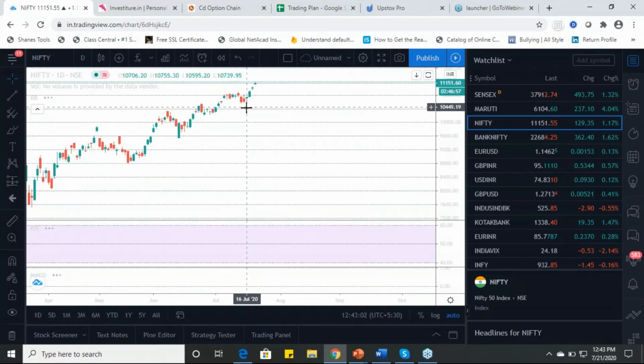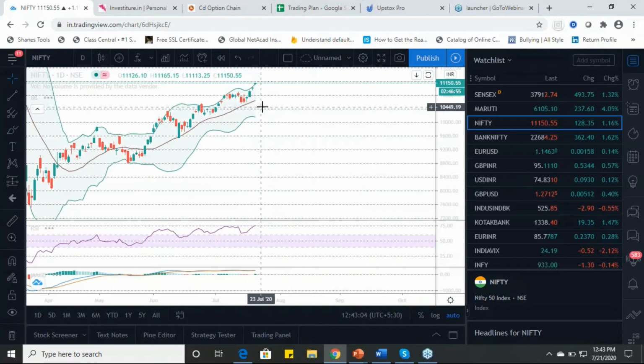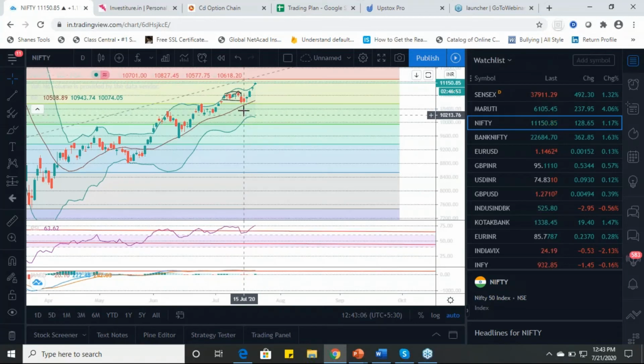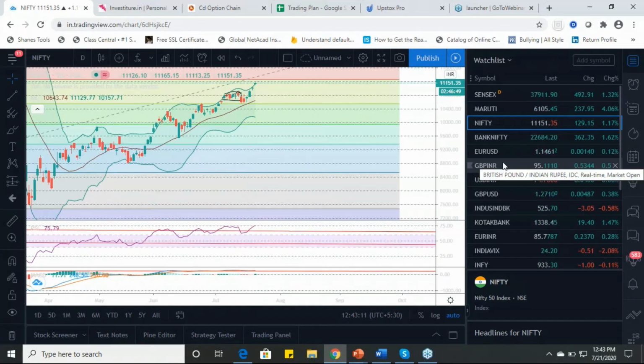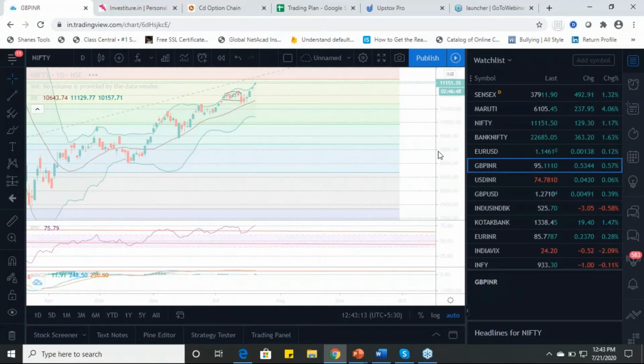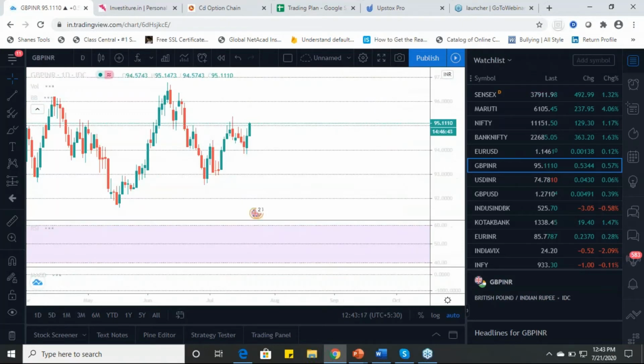So these are the things which tell you about the market. Whether the market is going to the upside or the downside, this inverse relationship tells you what the trend is in the market.